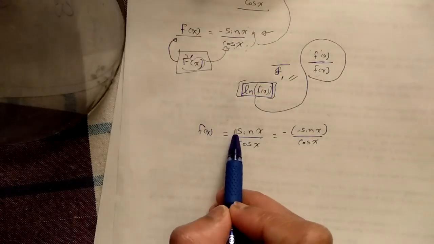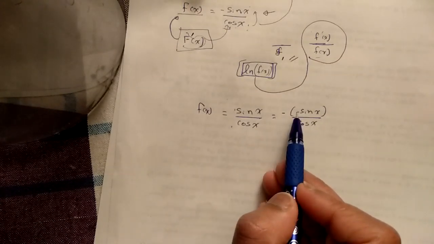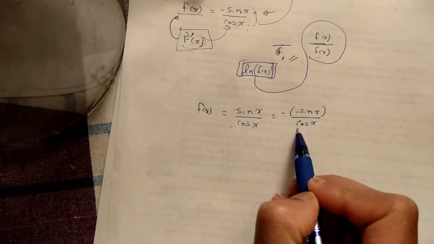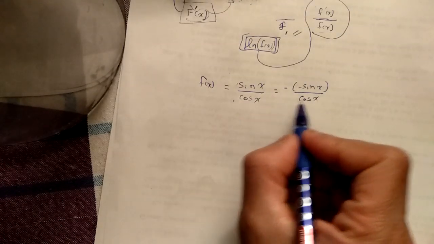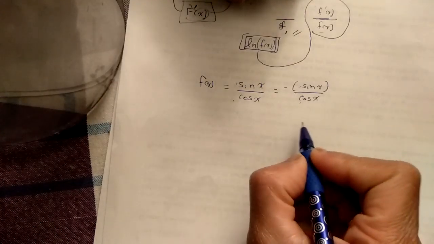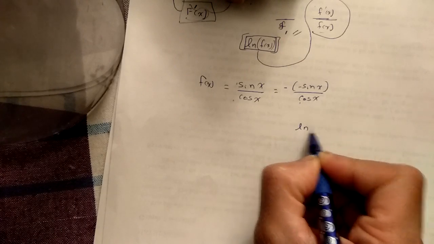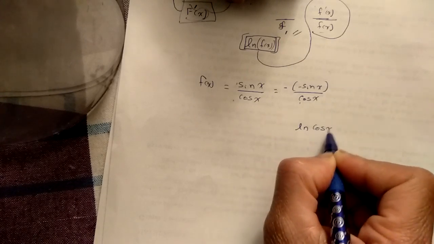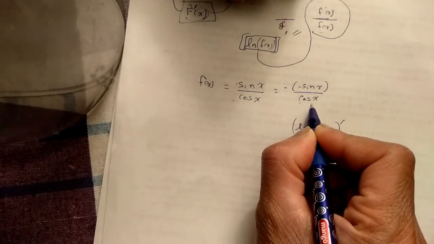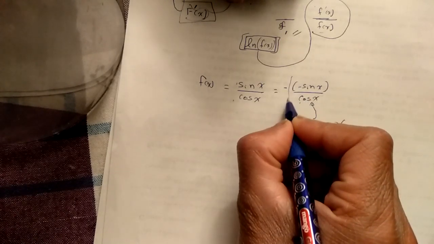So now even in this new function we can do some simple rearrangement and obtain the derivative of the denominator. So in this case, if we differentiate ln cos x, you will get this one as the answer.